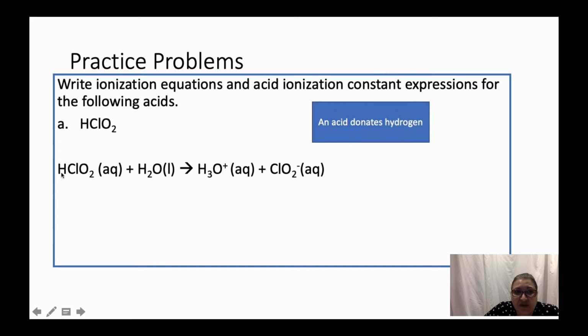And this one will lose a hydrogen, so it becomes ClO2 negative. And we write the expression product over reactant and put them in brackets. But then notice water is a liquid and it's not included. Remember, we cross it out and put a 1. And then we're done.